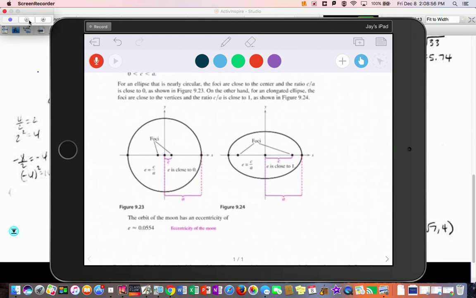You can see here, if the eccentricity is given or found to be close to 0, this thing is really more circular. So you'll notice that the foci are not as spread out. As they become more spread out, the eccentricity gets closer to 1, and it's more elongated.